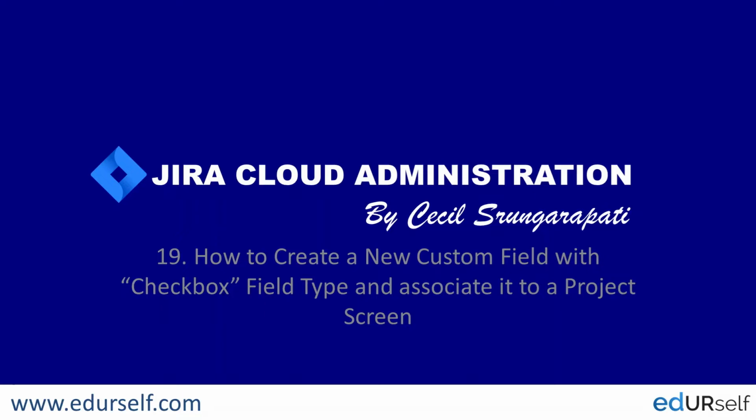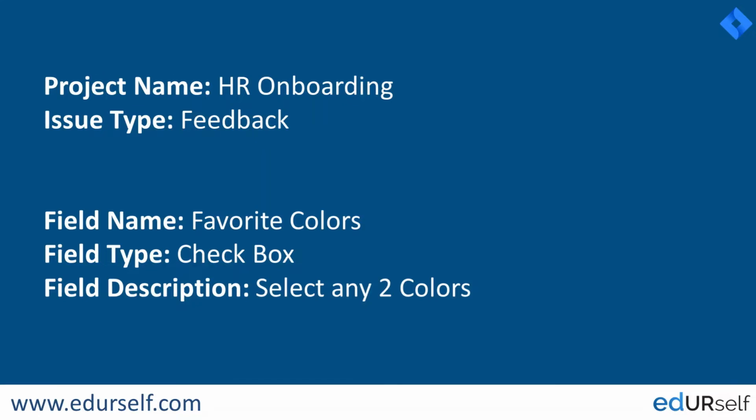In this video, we are going to see how to create a new custom field with checkbox field type and how to associate it to a project screen. Alright, we do have one requirement. In the project HR onboarding, for the issue type feedback, they want to have a field, and the field name is going to be favorite colors.